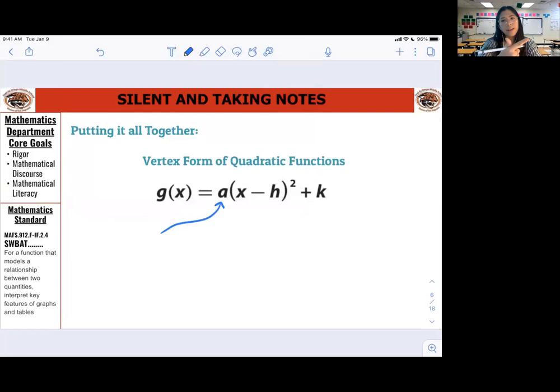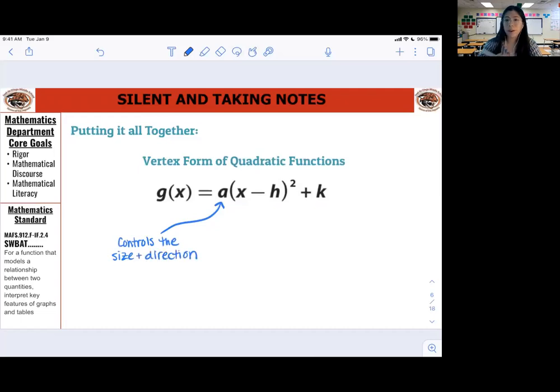And if I turn it negative? Reflection, there we go. So we already know what this does. So A just controls the size and direction.